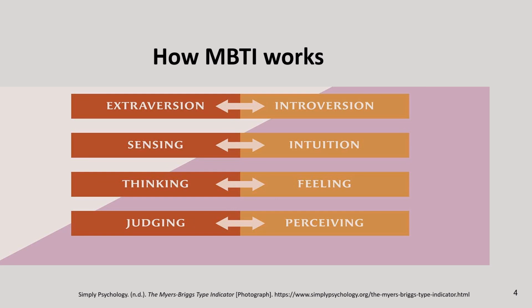And as a fourth and final dimension, we have judging versus perceiving. This dimension describes how people prefer to approach the external world, either in an organized or a flexible manner. People who prefer judging are organized, structured, and like to plan ahead.